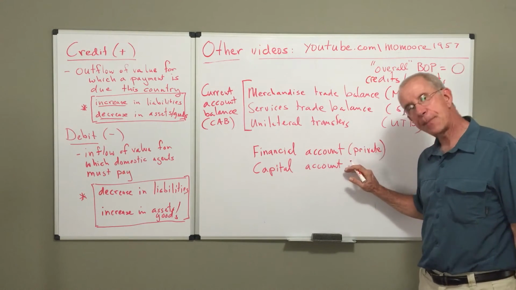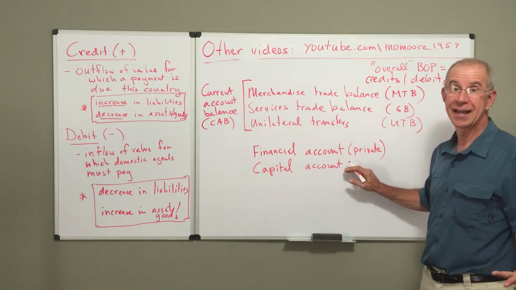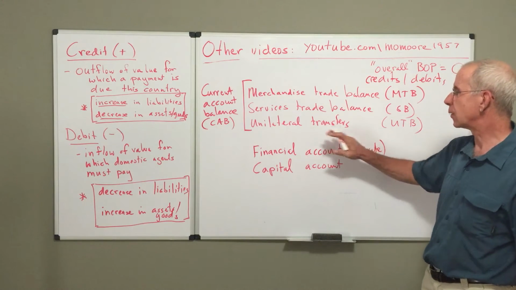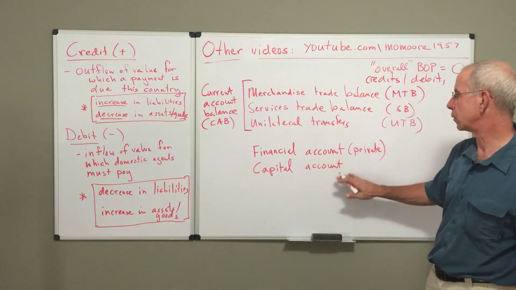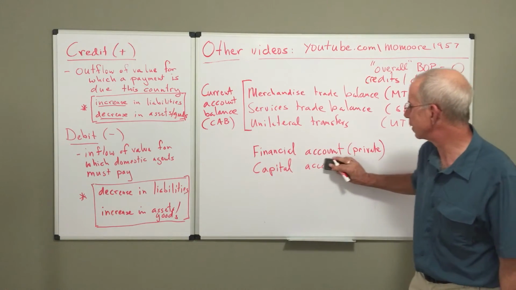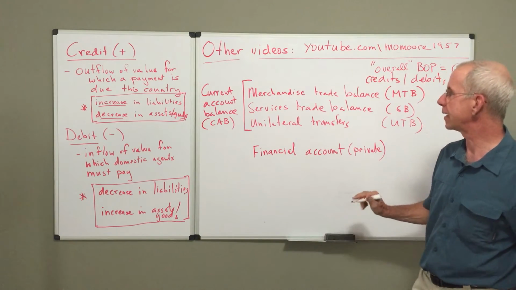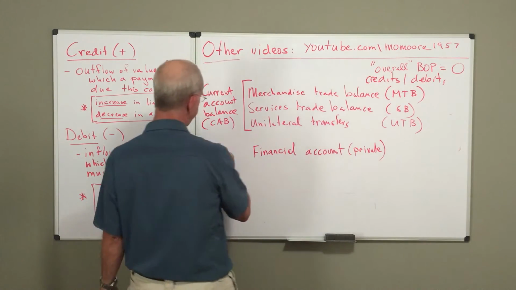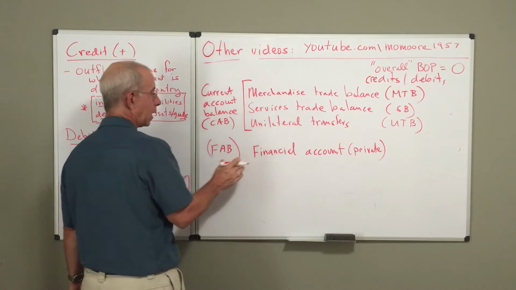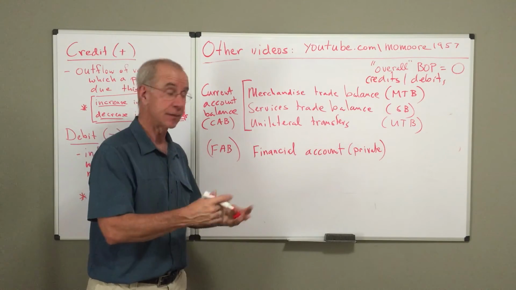The capital account has to do with, for example, debt forgiveness and various other aspects that really won't play a big role in what we're going to be talking about. In fact, I'm going to even eliminate that just to keep things a little bit tidier. So we've got the financial account balance, which involves the exports and imports of assets.